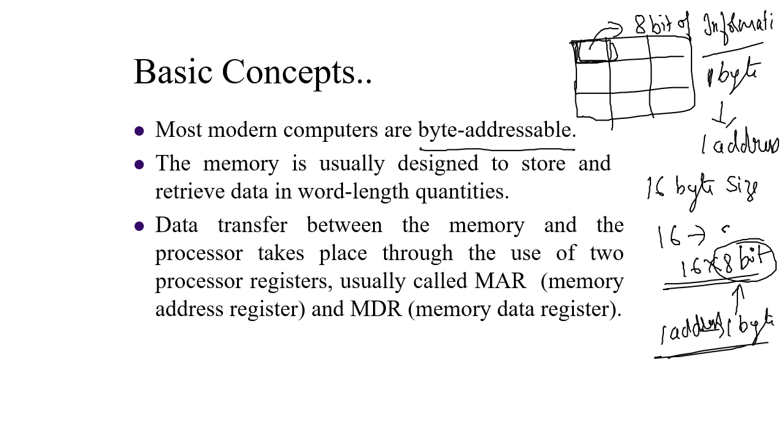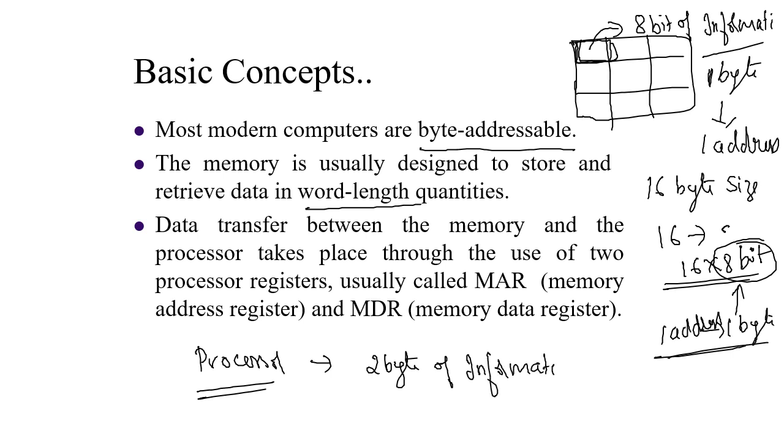These memories are usually designed to store and retrieve data in word length quantities. Now when I say word length, it depends on the processor. If the processor can access 2 byte of information at a time, then it can access data from 2 memory locations together.